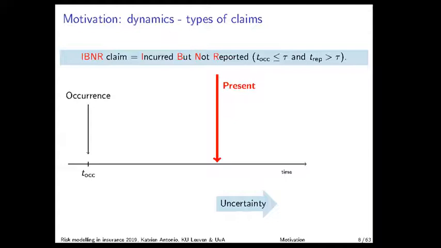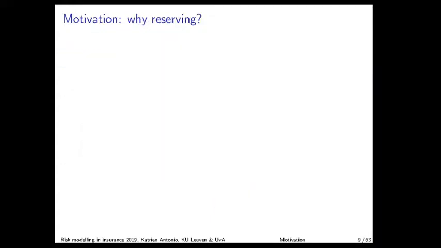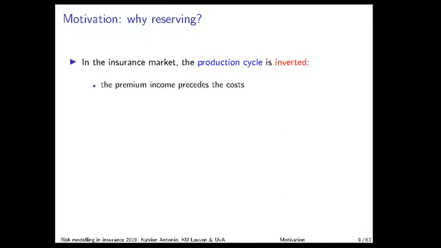Now, when motivating the task of calculating reserves, it is important to consider the so-called inverted production cycle of an insurance company. That is, in the insurance business, the premium income precedes the costs. An insurer will charge a client a premium before actually knowing how expensive this insurance policy or contract will become.